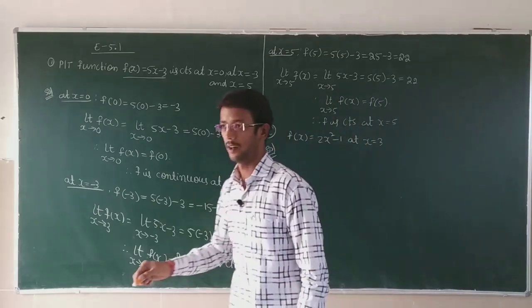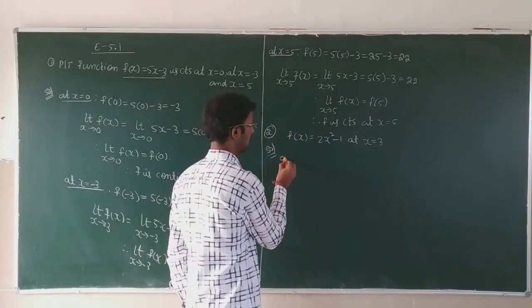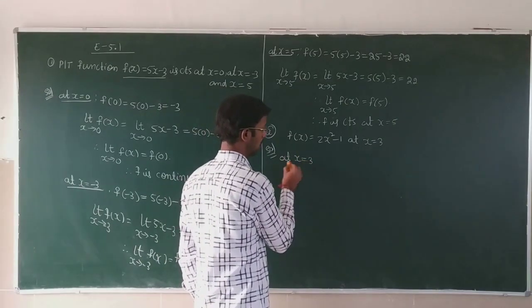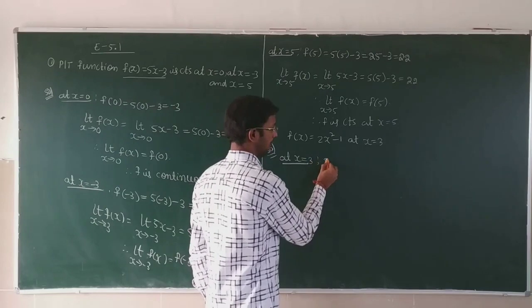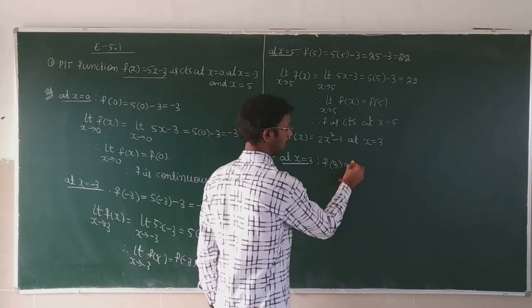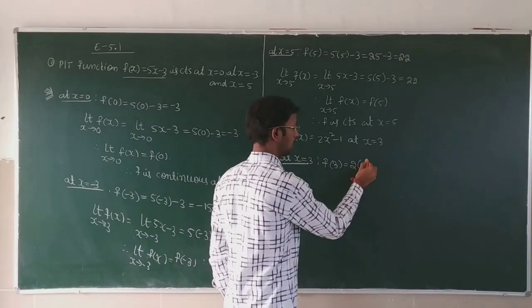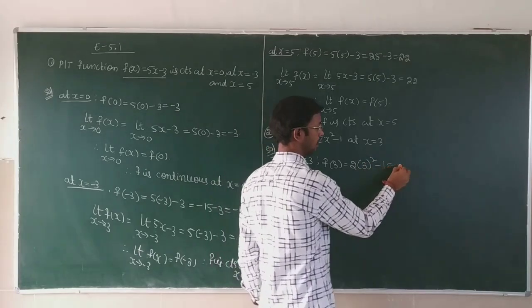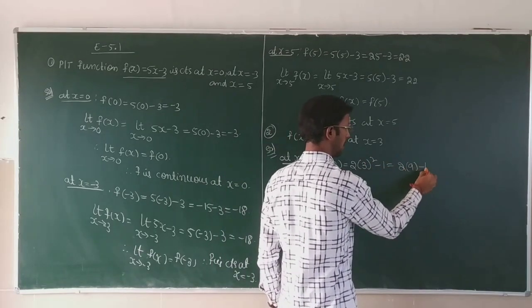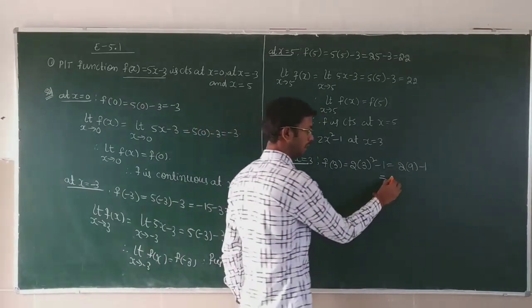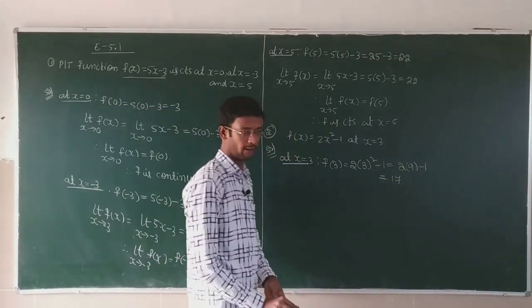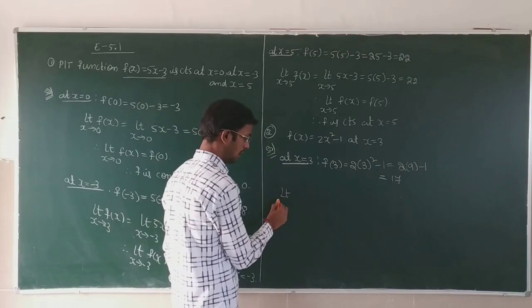So, the solution here at x is equal to 3. First find f of 3: substitute, 2 into 3 square minus 1, 2 into 9 minus 1, that is 18 minus 1, 17. Next, the limit you have to find.